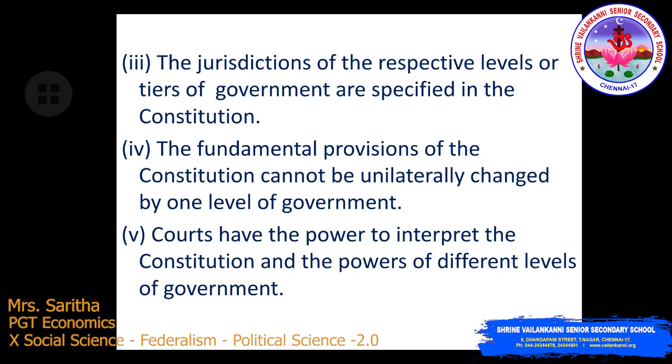So the existence and authority of each tier of government is constitutionally guaranteed. The fundamental provisions of the constitution cannot be unilaterally changed by one level of government, because such changes require the consent of both levels of government.